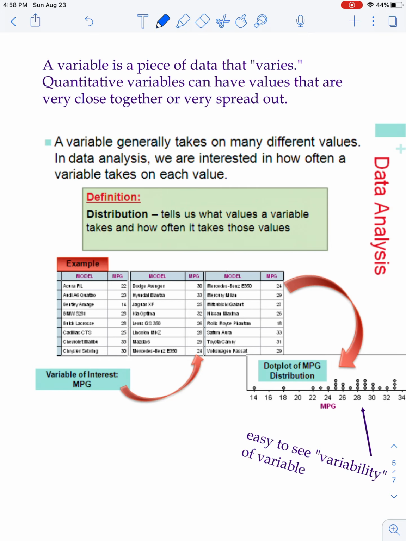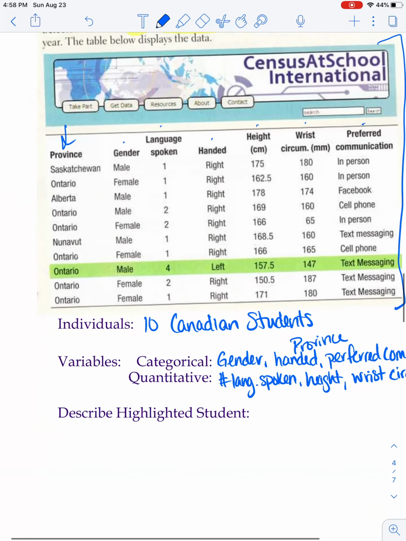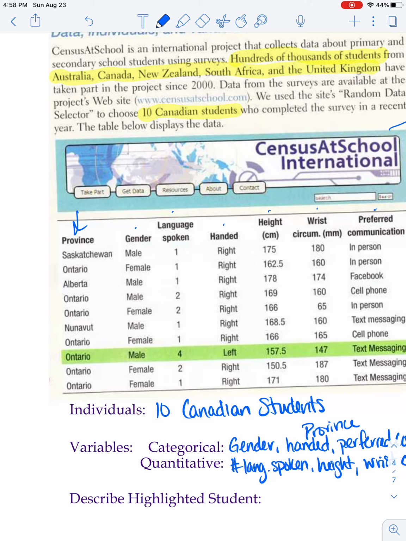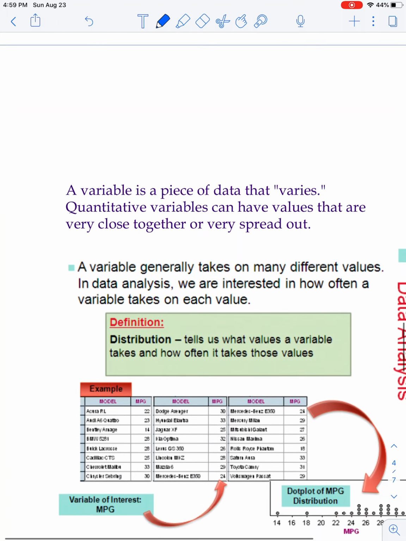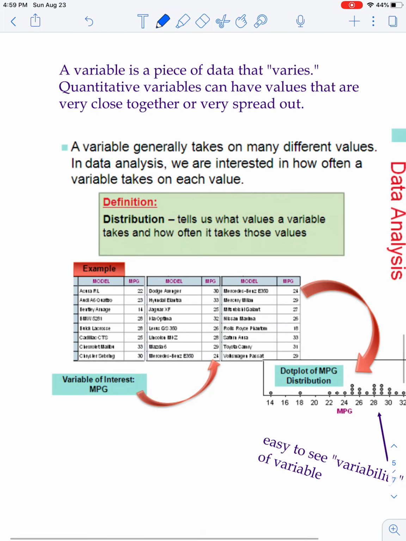Okay, a variable is a piece of data that varies. So all of these in here, like the handed, that's a variable because it varies between right and left. The number of languages spoken is a variable because it varies based on who we're talking about. So a variable is a piece of data that varies.